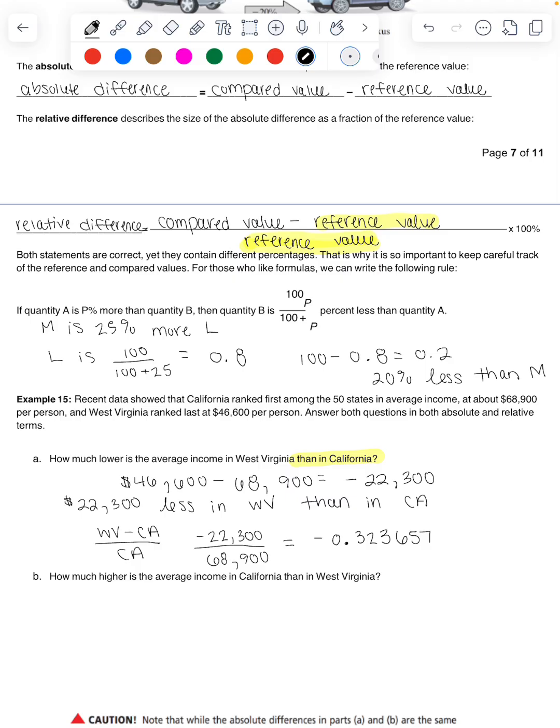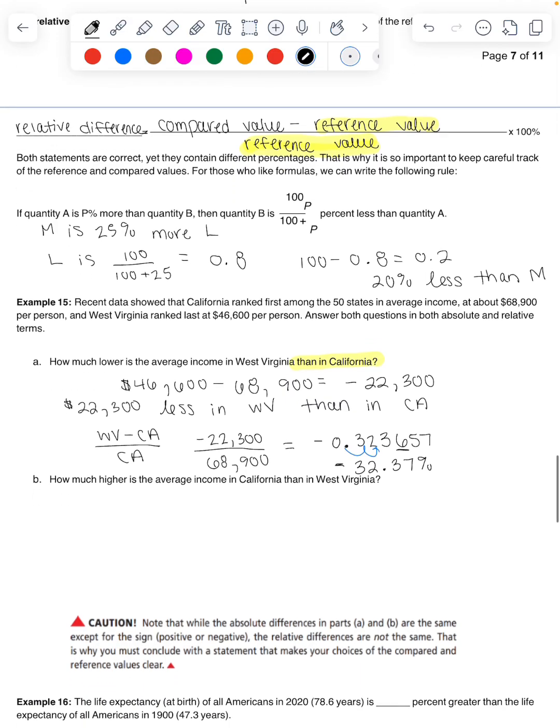So that is a difference of, move the decimal two places because we are multiplying by 100, 32.37, notice the 6 goes up to a 7 because of the 5 after it, percent. What does that mean? Sorry, I should have kept the negative there. That means that the average income in West Virginia is 32.37% lower than in California.